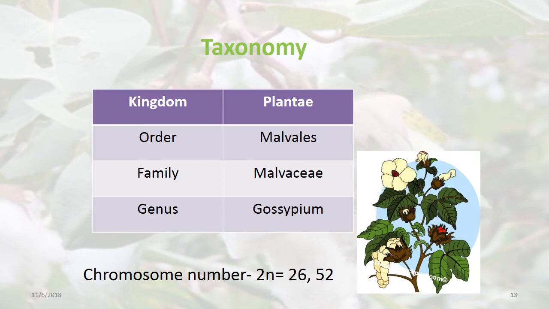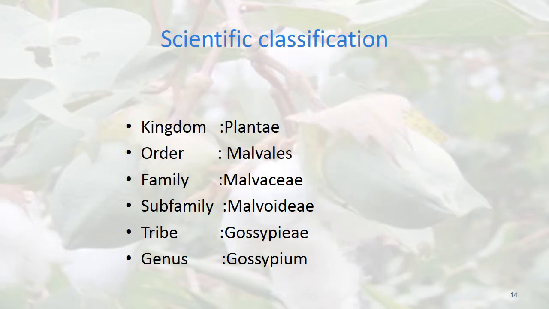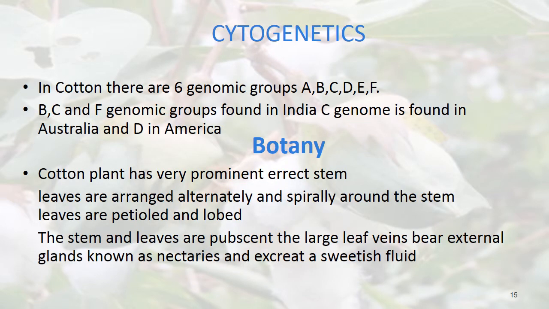Taxonomy: belongs to order Malvales, family Malvaceae and genus Gossypium. Chromosome number of diploid is 26 and tetraploid is 52. The scientific classification, same as before. Cytogenetics of cotton, this we have already covered, like it is having 6 genomic groups.